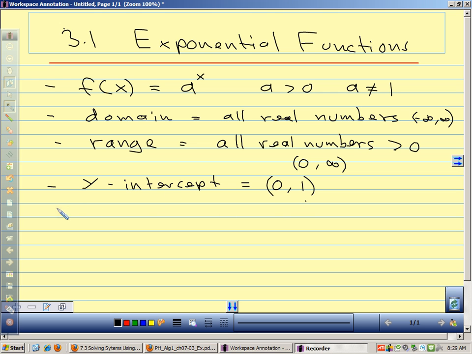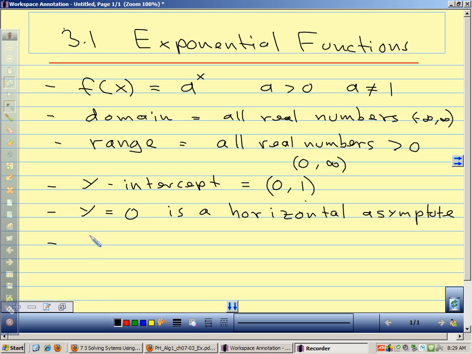Y equals 0 is a horizontal asymptote. So every exponential in this form has y equals 0 as a horizontal asymptote.